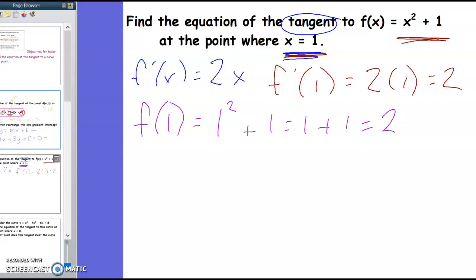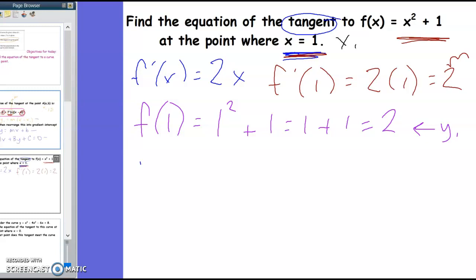Okay, so now I have y sub 1, which is here. I have m, which is here. And I have x sub 1, which is here. So I have now everything I need to substitute into that equation.